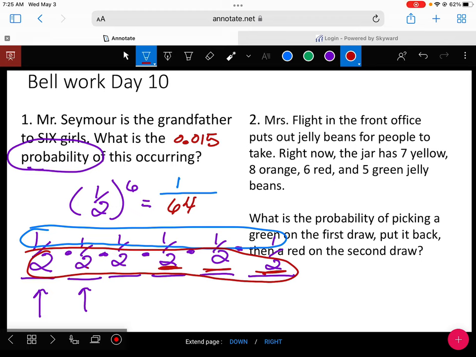Will you take 1 divided by 64 and tell me if you get the same number? Yeah. Okay, perfect. So as a probability, we're looking at this, because each time it came time for him to have this grandchild, there's a 1 out of 2 possibility.